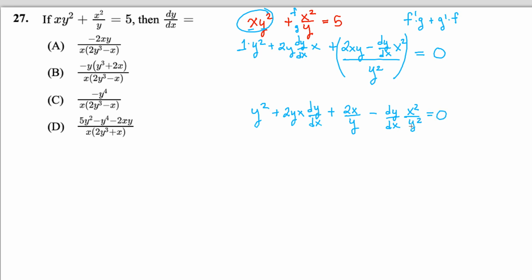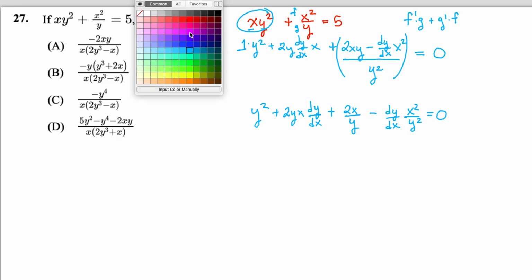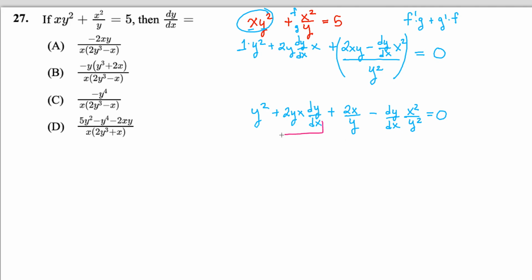equals 0. Now I want all the terms with dy/dx on one side. So this term and this term I'm going to keep on the left hand side, and I'm going to wind up with 2yx dy/dx minus x squared over y squared times dy/dx is equal to, and when I move everything else over, negative 2xy minus y squared.